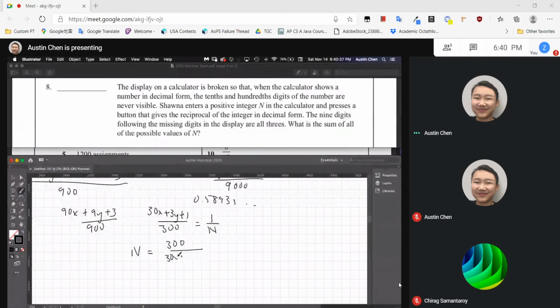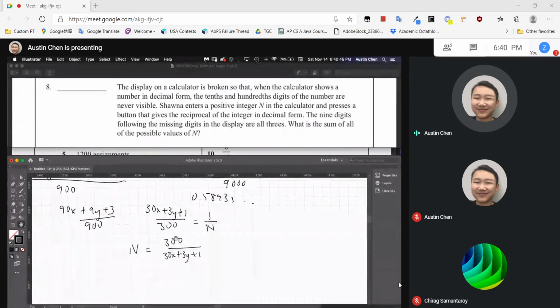And n has to be an integer, right? So then what we have to do is make this a factor of 300 while keeping x and y digits. So x and y will have to be in the set of digits, which is the integers from 0 all the way to 9.